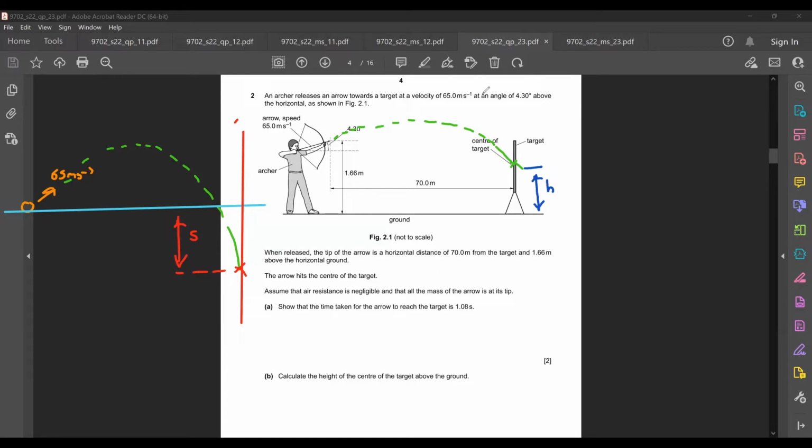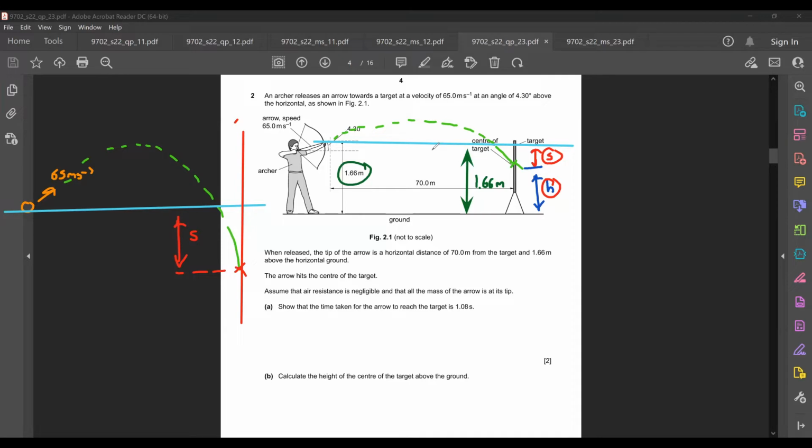Okay, if you manage to find your displacement over here, you can find out the height, because you already know the total length as 1.66. See, this entire length is 1.66 meter. If you manage to find out how much is your displacement from the starting position, you minus it off from your total height, you can get the height above the ground. Okay, so that's what you want to do right here.